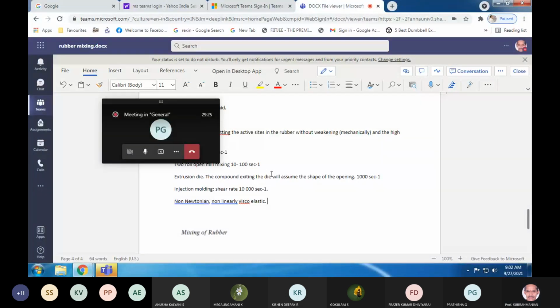Understand? So that is why the shear rate is specified. And this shear rate dependence is otherwise qualified as non-Newtonian. Fine.